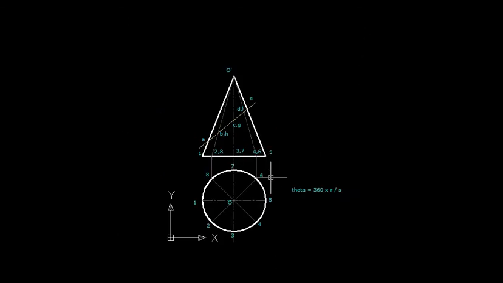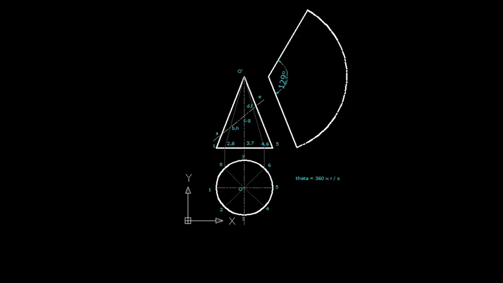For drawing this arc, first I will copy the line like this, then I will draw the arc. So this way we have drawn the arc. The arc should have radius equal to the slant height.